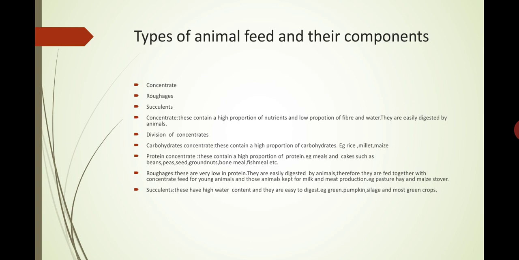Types of animal feeds and their components. We have different types of animal feed. We have the concentrate, the roughage, and the succulent. They are the types of animal feeds and their components.